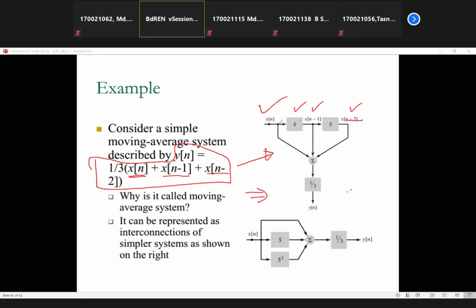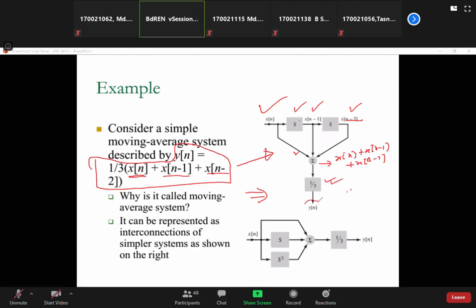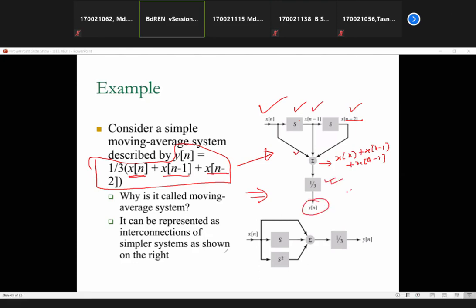At that summer you tap your input x[n], the output of your first shift, x[n-1], and the output of your last shifter, x[n-2]. So the output of this summer is simply x[n] + x[n-1] + x[n-2]. Then you have a multiplier, and then it is your output. The same implementation can be done in another way.